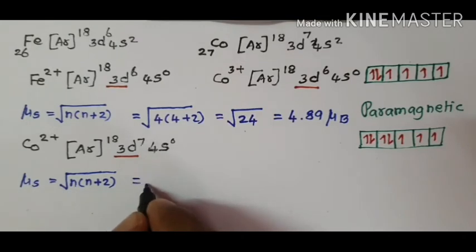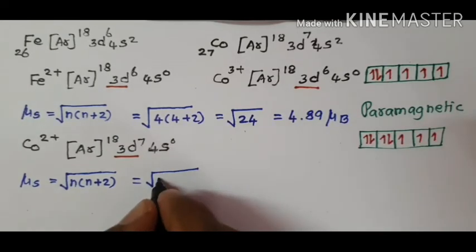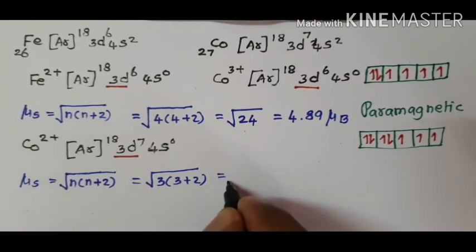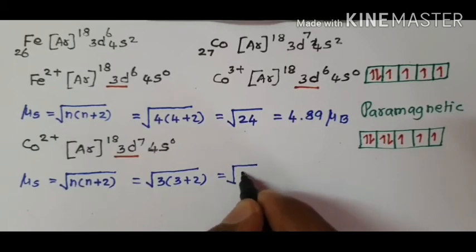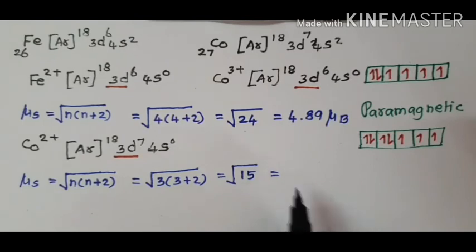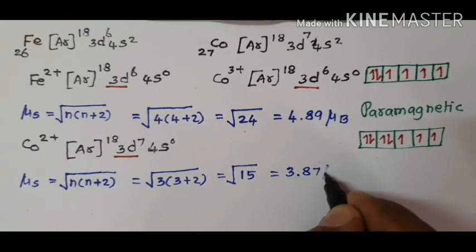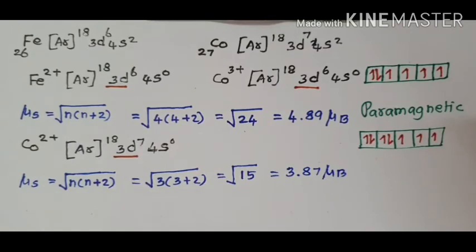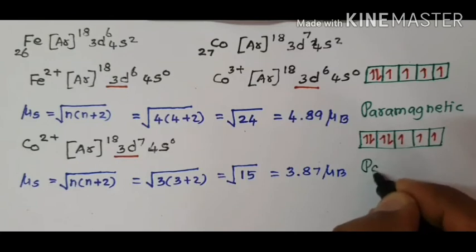The number of unpaired electrons in Co2 plus is 3. 3 into 3 plus 2, 3 plus 2 equals 5. 5 into 3 is 15. The number of unpaired electrons is 3, so the answer starts with 3. So 3.87 Bohr magneton. Due to the presence of unpaired electrons, cobalt 2 plus is also paramagnetic in nature.